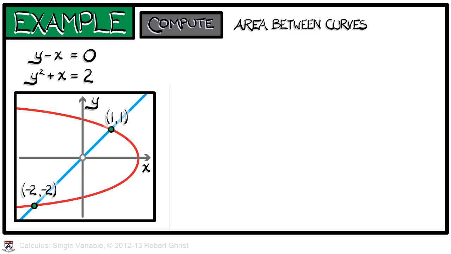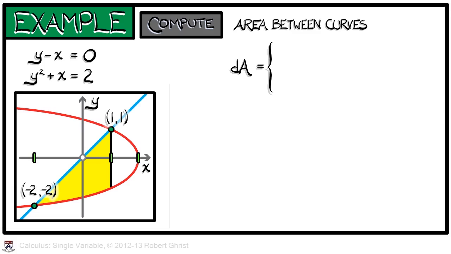(-2, -2). And now, to compute the area, we could proceed as before by sweeping out with a vertical strip as an area element. But if we do this, then we need to decompose the region into two different parts.